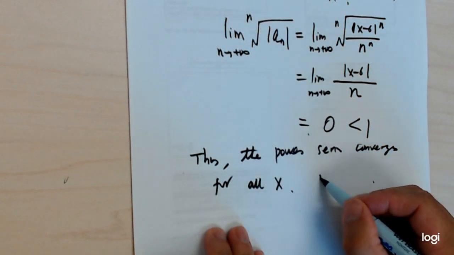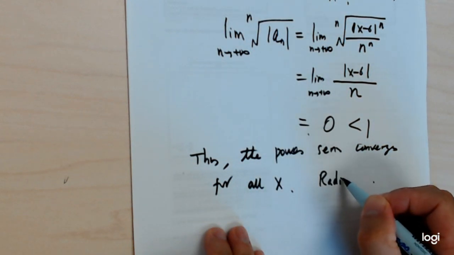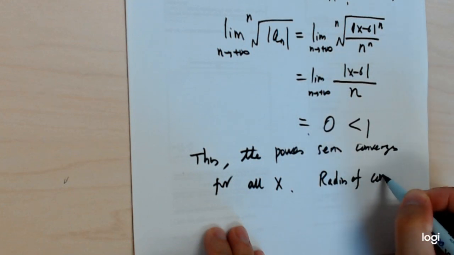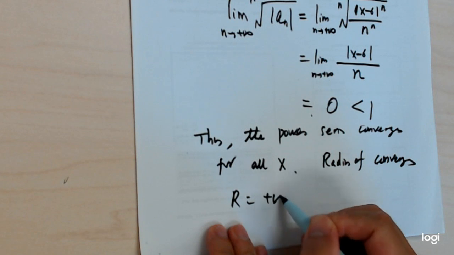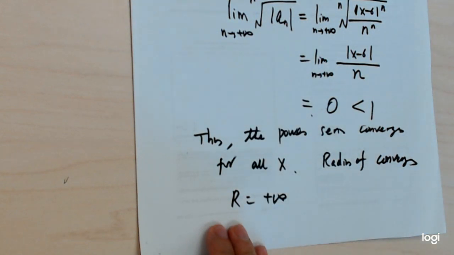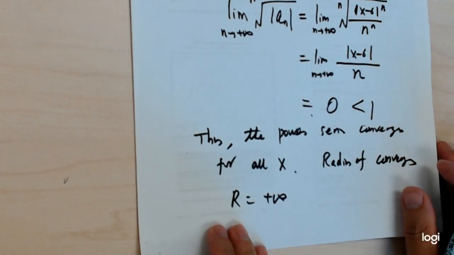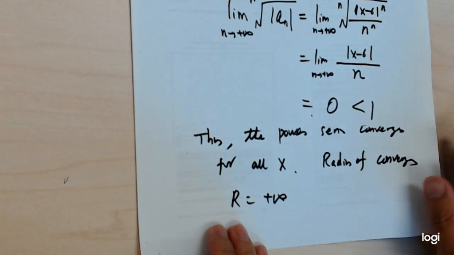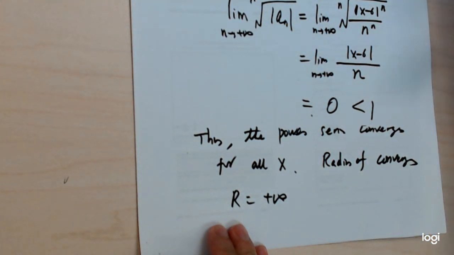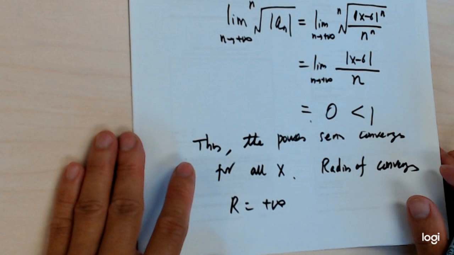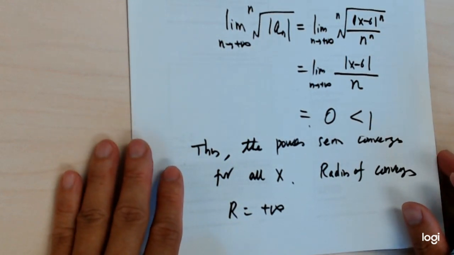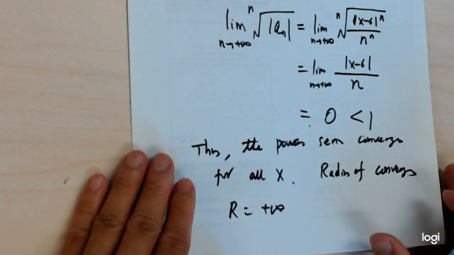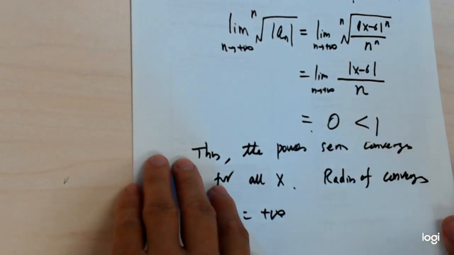And the so-called radius of convergence R will be what? Infinity. The radius of convergence is infinity because it's for all x. So this is a perfect example of a power series that converges everywhere, for all real numbers x.